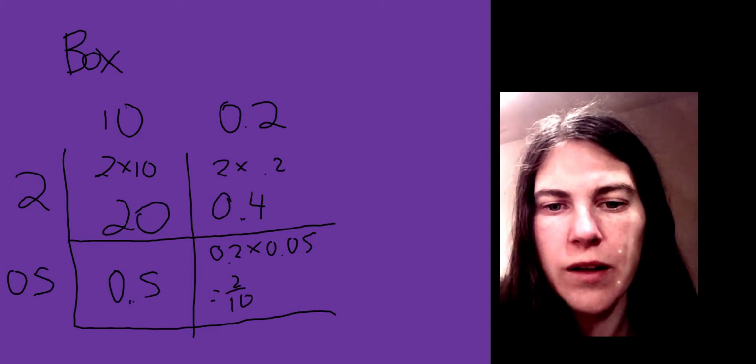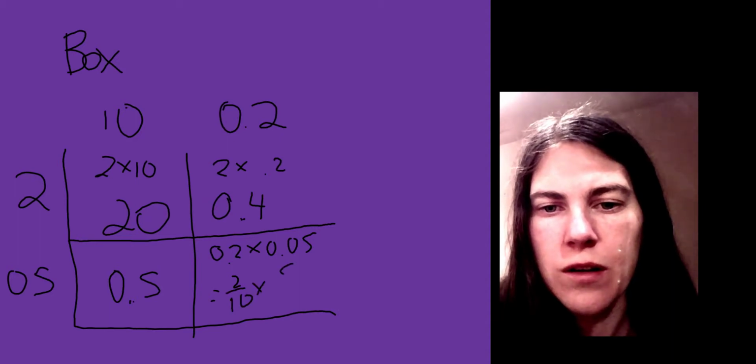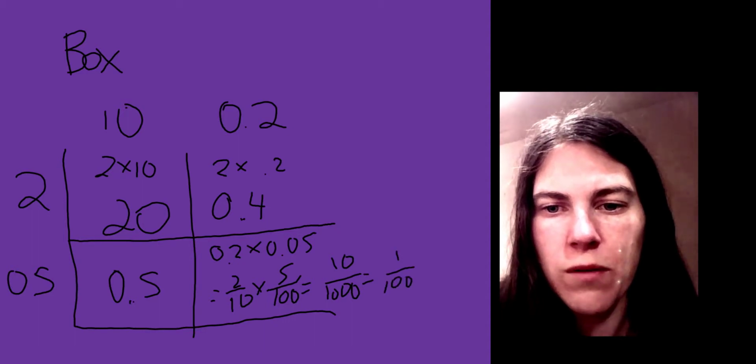And down in this bottom, 2 tenths. Sometimes for me, I like to change to fractions here. 2 tenths times 5/100ths equals 10 thousandths, which is the same thing as 1/100th, 0.01.